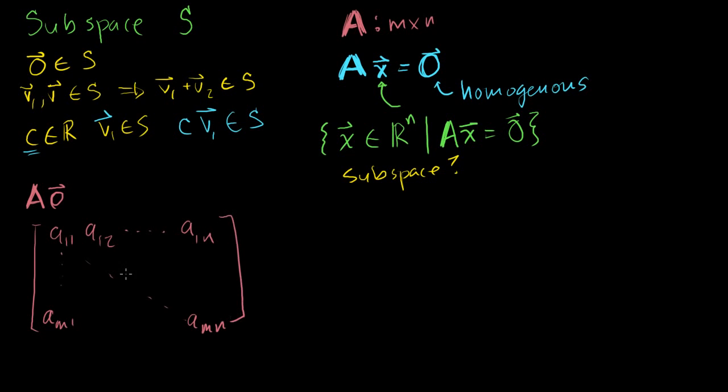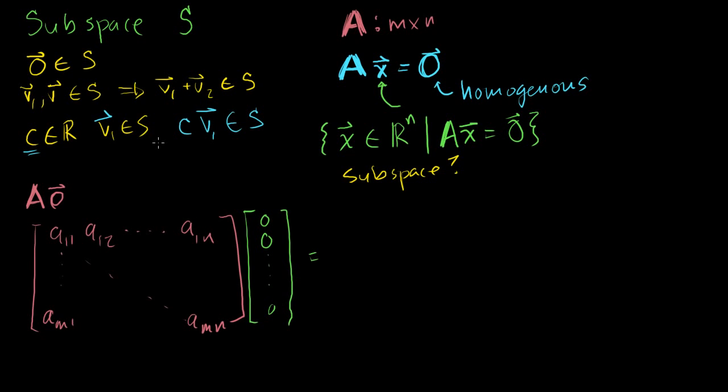And I'm going to multiply that times the 0 vector that has exactly n components. So the 0 vector with n components is 0, 0, and you're going to have n of these. The number of components here has to be the exact same as the number of columns.